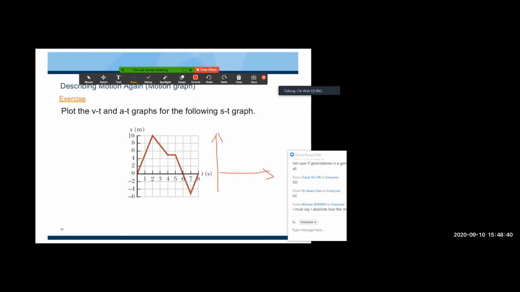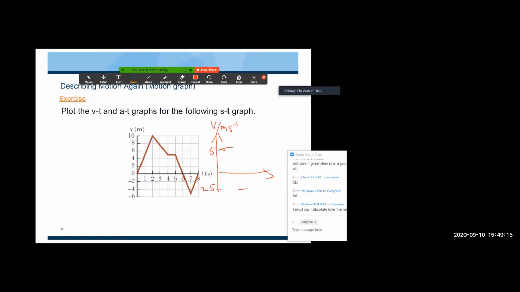So this is a certain slope. 10 over 2 is 5, so 5, at the very beginning, and it is a constant slope. And then from the second to the 4th second, it has reduced to half. And remember, the change is negative, so it has a negative velocity, minus 2.5, something like that.